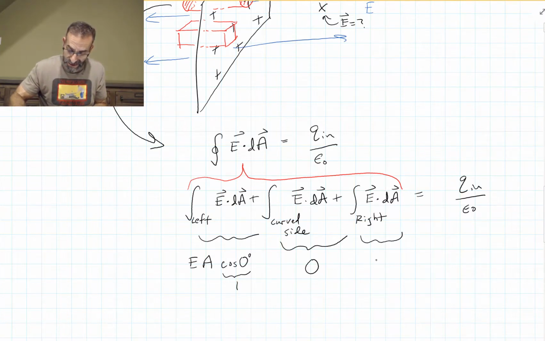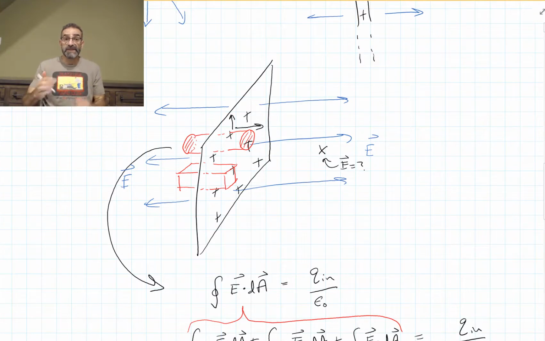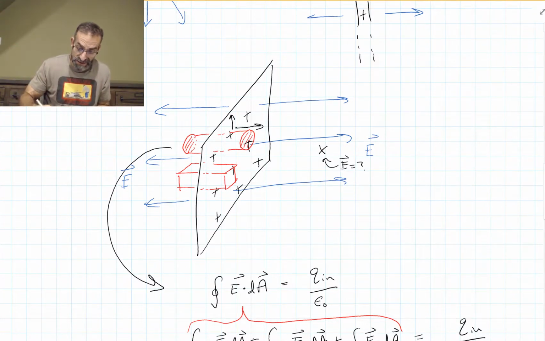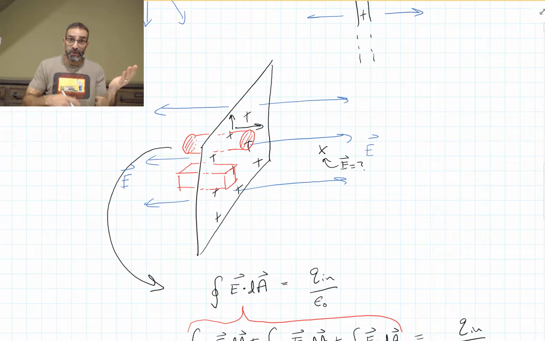And the right side gives us E times A times the cosine of 0 degrees. Remember, the area vector points outward from our surface. And the electric field is also pointing outward from the surface. That's why I have a 0 degrees for both the left side and the right side.